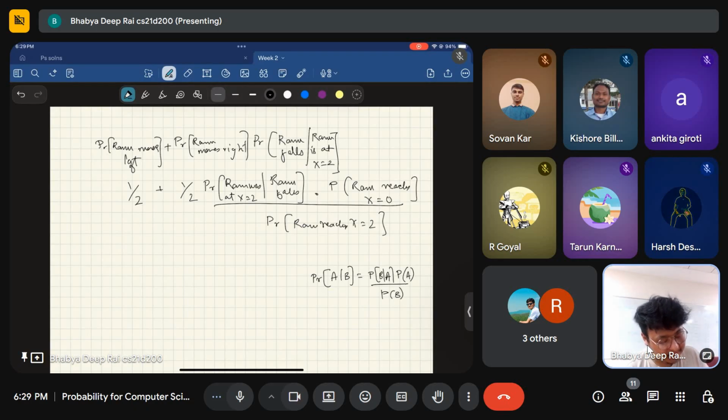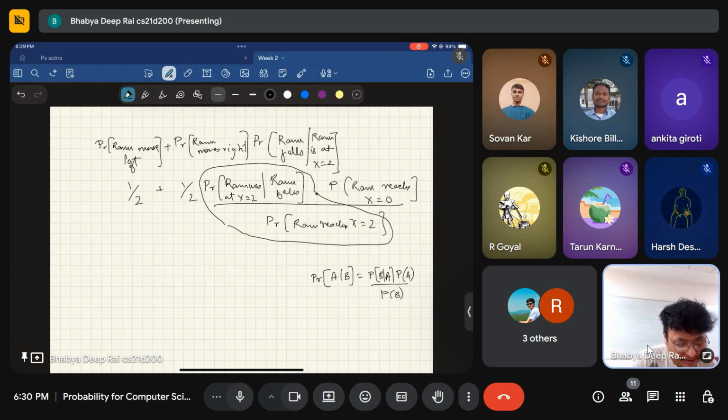So now look at this relation. Okay. Probability that Ramu was at x equals 2 such that Ramu falls divided by probability that Ramu reaches x equals 2.